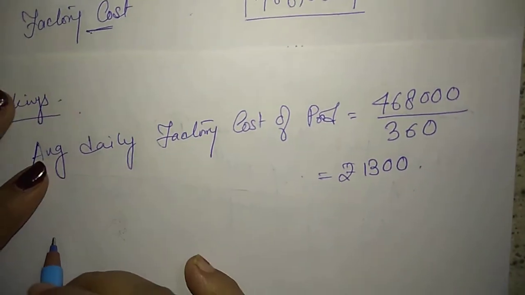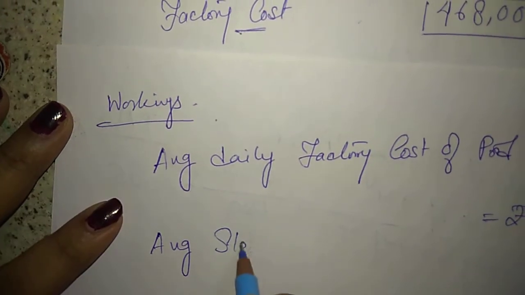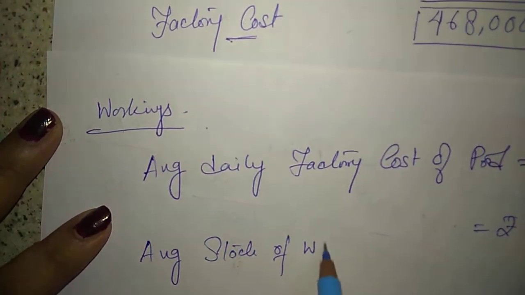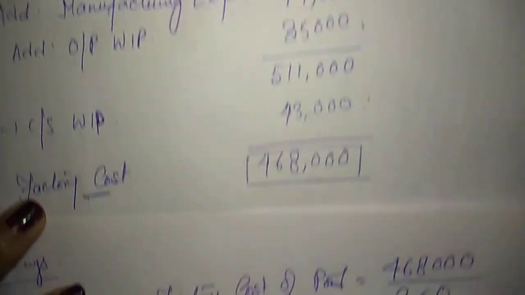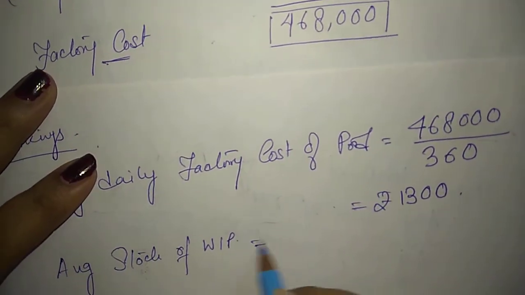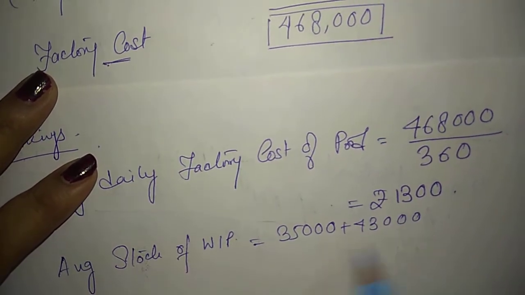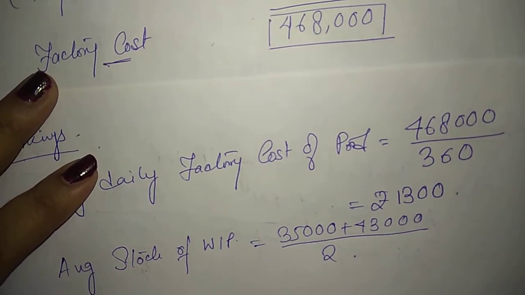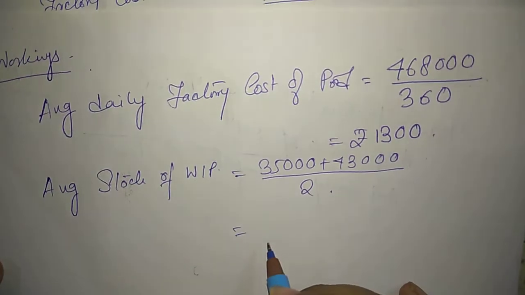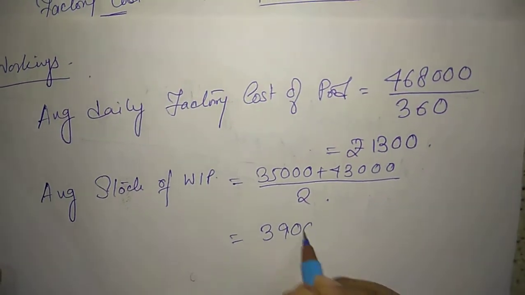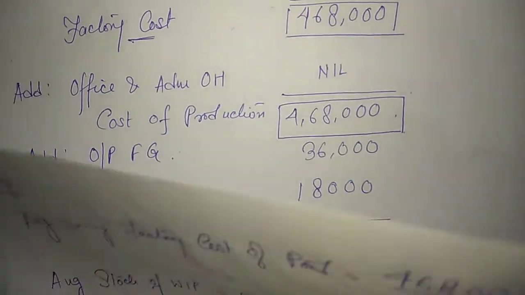Then average stock of WIP, that is opening WIP plus closing WIP, that is 35,000 plus 43,000 divided by 2. It's coming to 39,000. So we move on to the solution now.